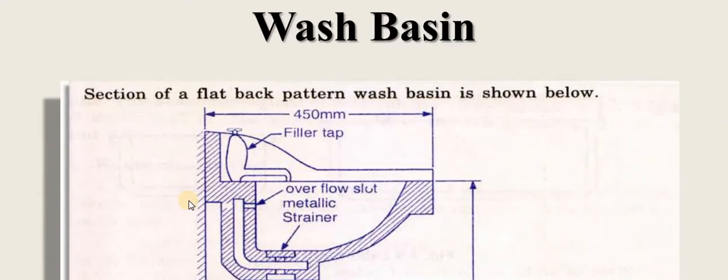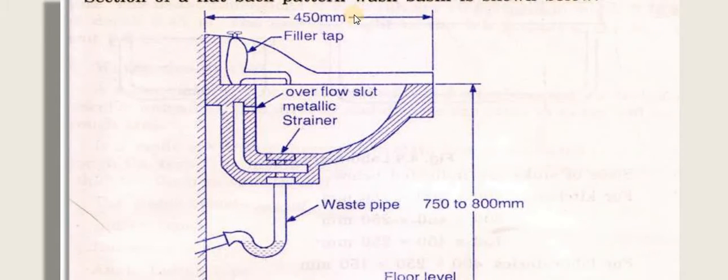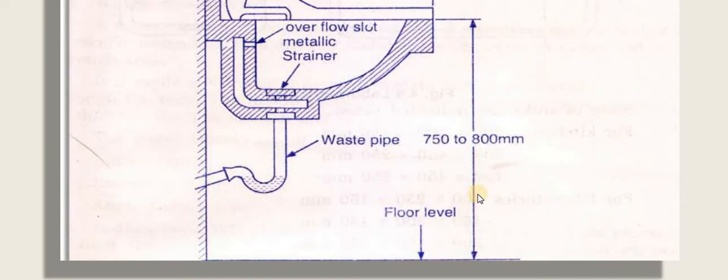So this is the section of a flat back pattern basin. This is the flat back, that is, its back is flat, as shown below. Its front angle is 45 degrees, and this is the floor level; generally it is provided at a height of 750 to 800 mm. This is the waste pipe, which is attached to the drainage pipe.